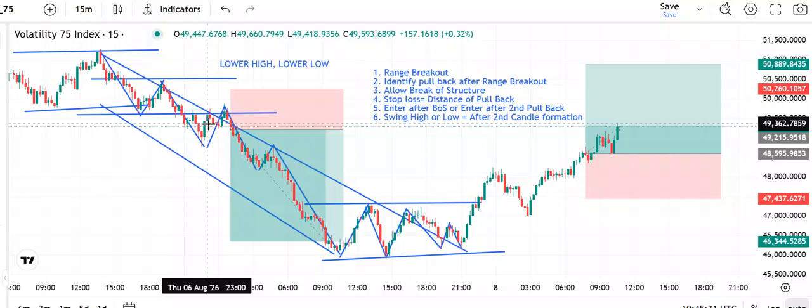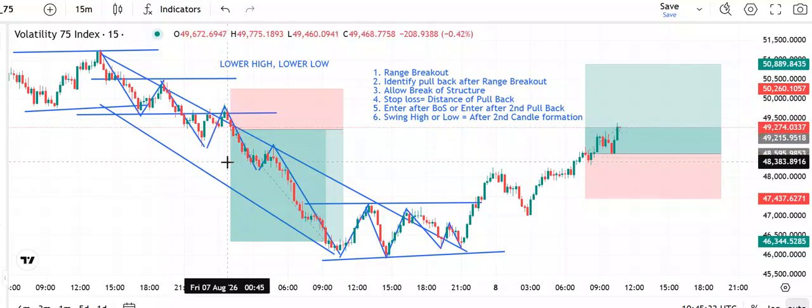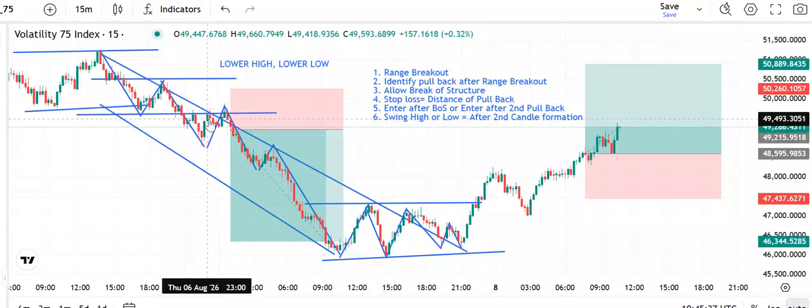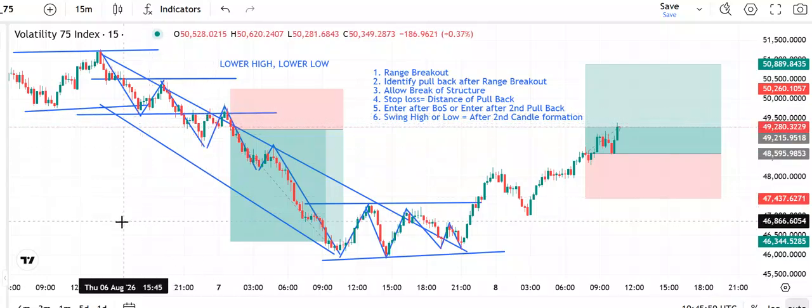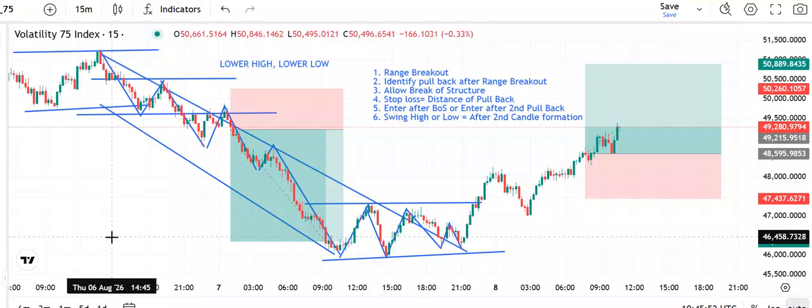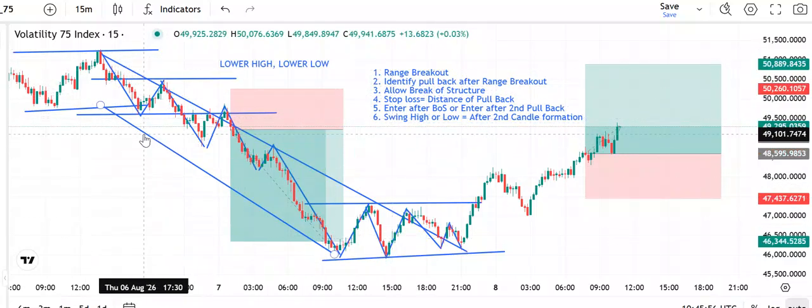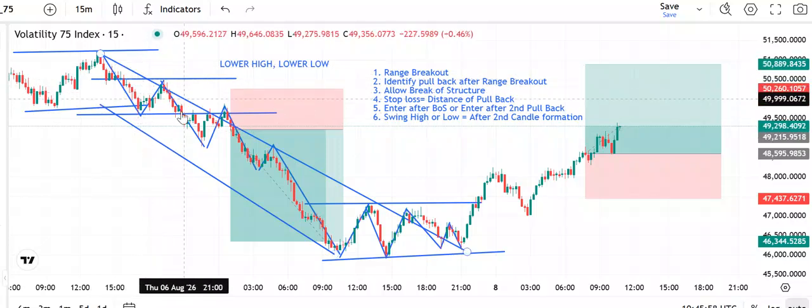But if you just have one candle and price continues, that's not taken as a pullback. It's taken as more like a base. But if it forms a second candle and attempts to continue to go up, if price drops from that second candle, and then you have 1, 2, that's your pullback. Okay, so that's that. But this is the range, and this is the range breakout, and price started to trend.